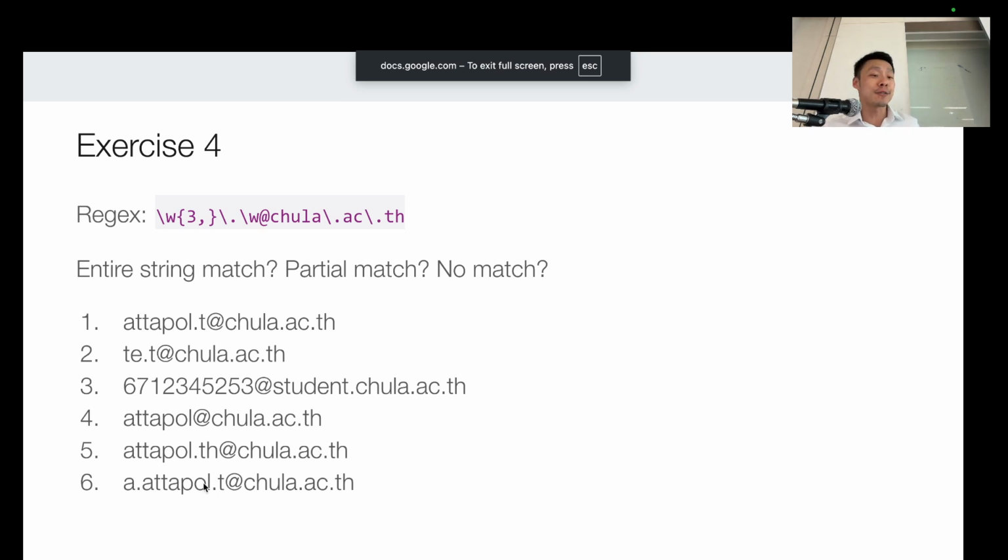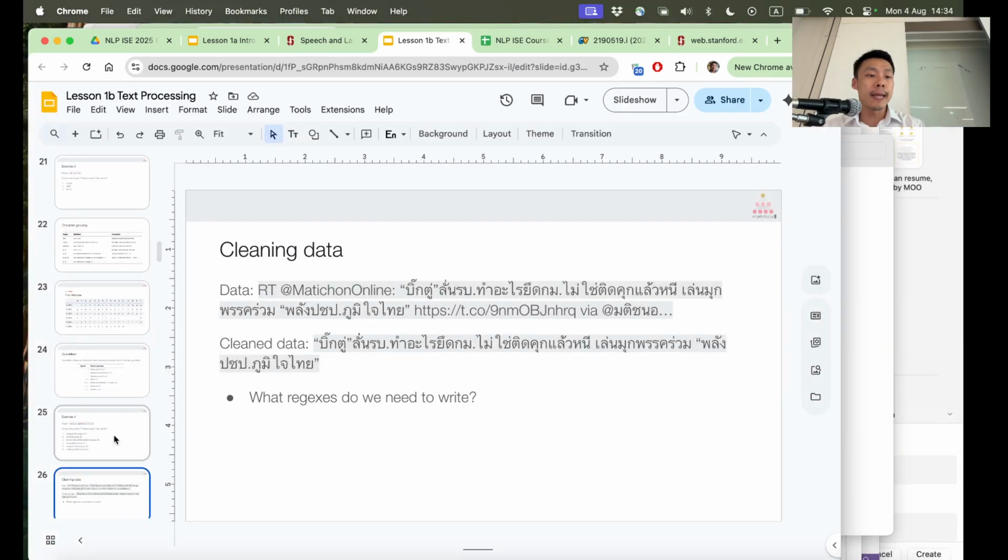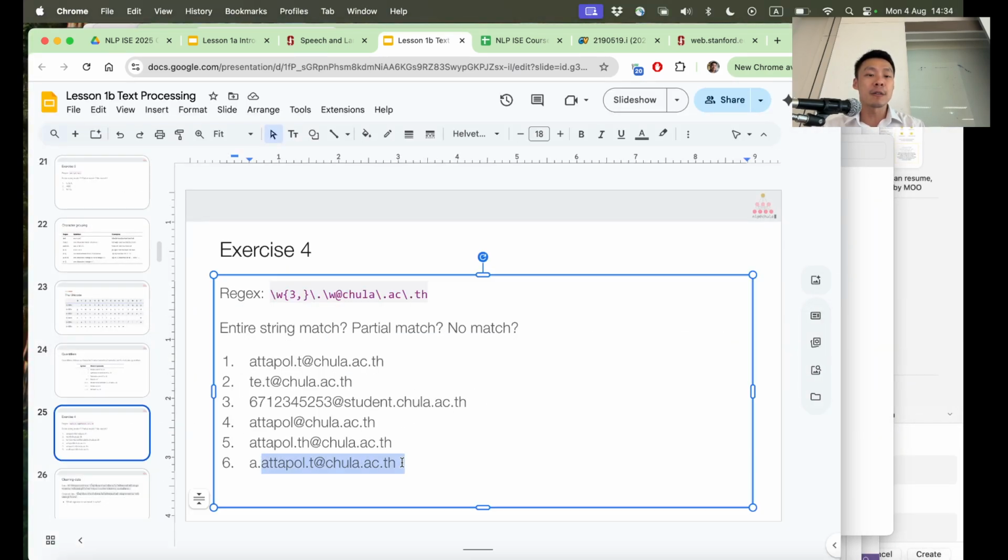This is a partial match because it would match only this part, right?